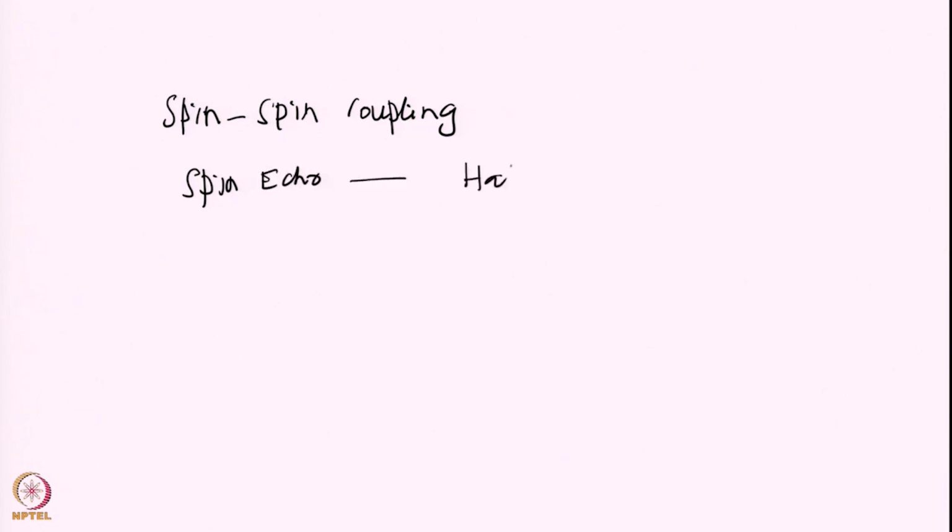Then we had discoveries like spin-spin coupling, these were important NMR parameters. Then you had things like spin echo. This was discovered by Hahn again in the 1950s. The 1950s saw a whole lot of developments and discoveries in NMR. All of them have led to great contributions in NMR and its applications.